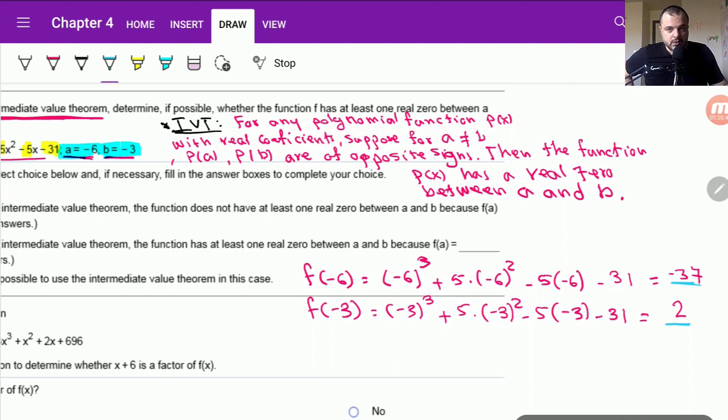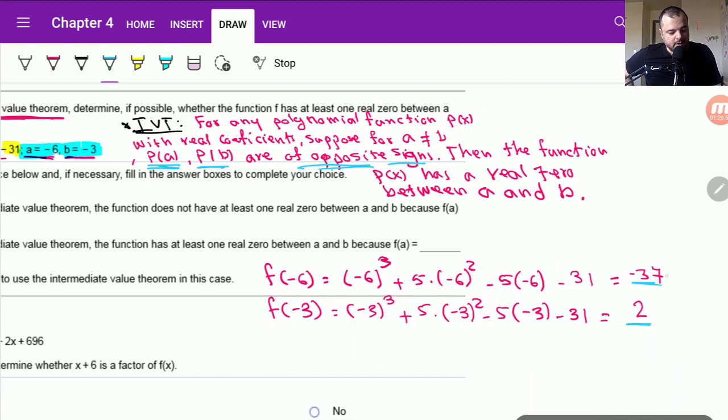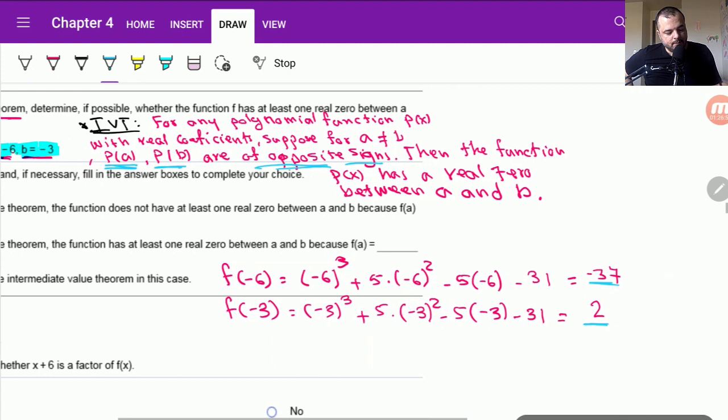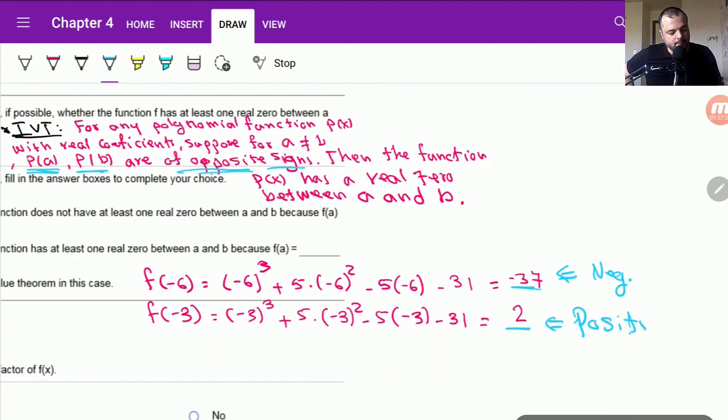Okay, so let's continue. If p of a and p of b are of opposite signs, yes, we do have this. This is negative, and this is positive. So they do have different signs.